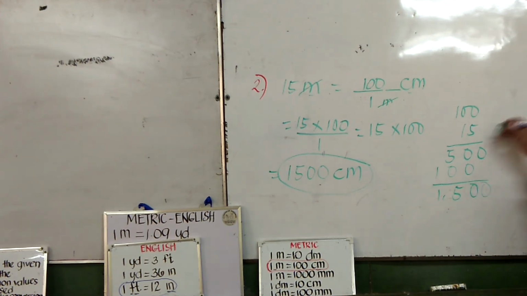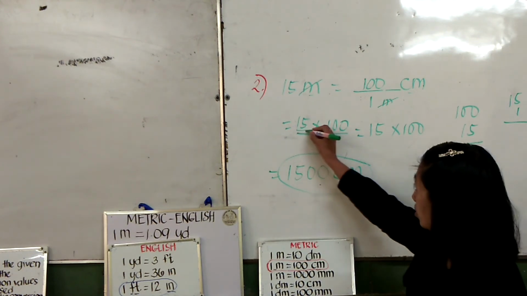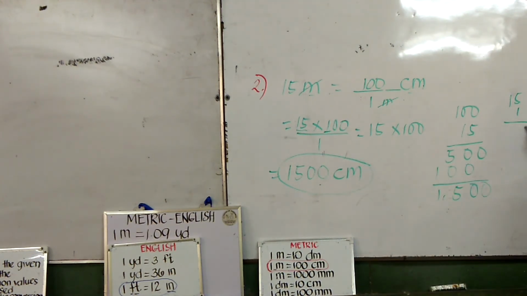Okay, so you just multiply 15 and 1. This one, you just multiply your numbers here, 15 and 1. So 1 times 5 is 5. 1 times 1 is 1. So 15. And then you count how many zeros and you just add with the numbers you have multiplied.